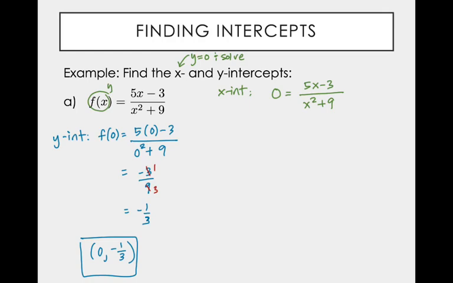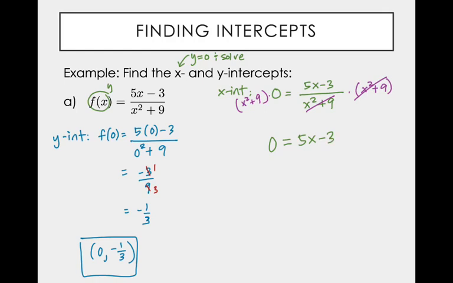This is the trick we learned for solving equations: we can multiply through by the common denominator to simplify the equation. So I'm going to multiply both sides by x squared plus 9, because that'll get rid of the fraction problem. On the right, x squared plus 9 times 0 is just going to be 0. That's much easier to solve.